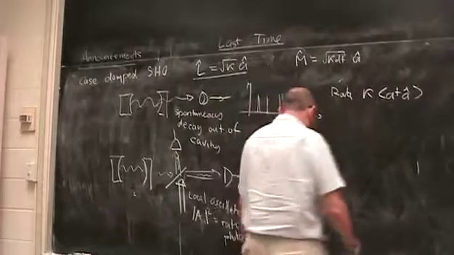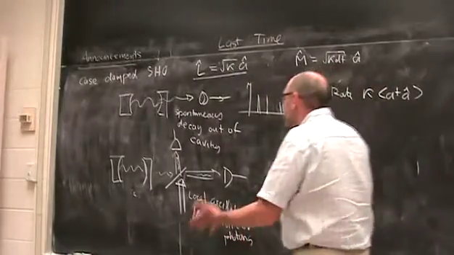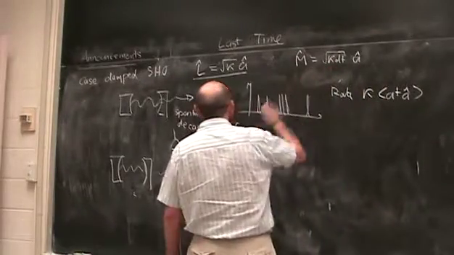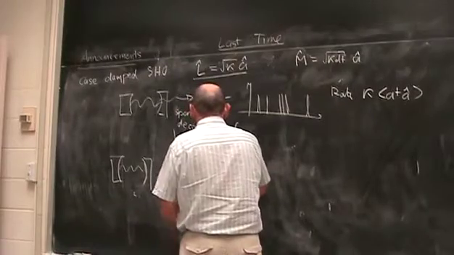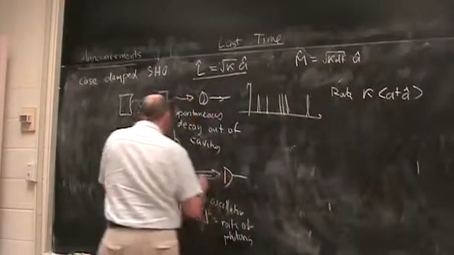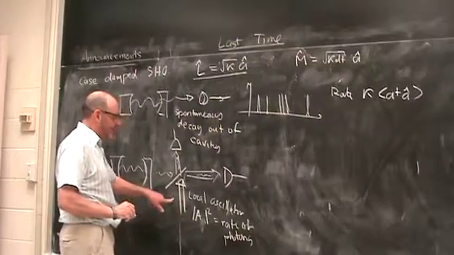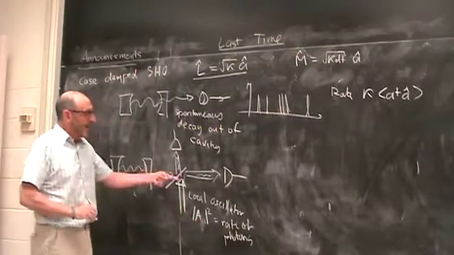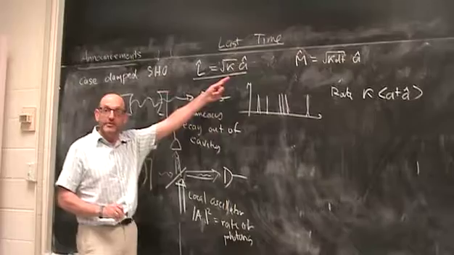Right? And what we'll detect in that case, the rate, instead of having this, the mode here is the interference between this mode, which has amplitude A, and this mode, which has this amplitude.